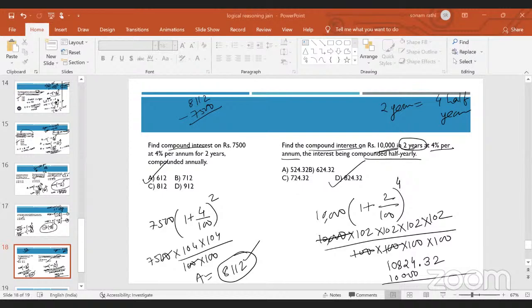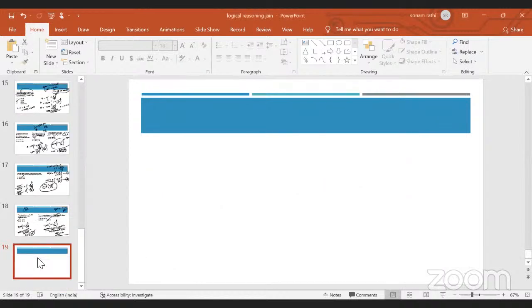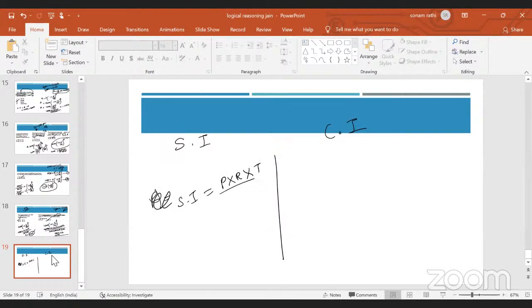All right, guys, is it clear to everyone? Simple interest, compound interest, amount is equal to principal. Right? Compound interest formula is this.